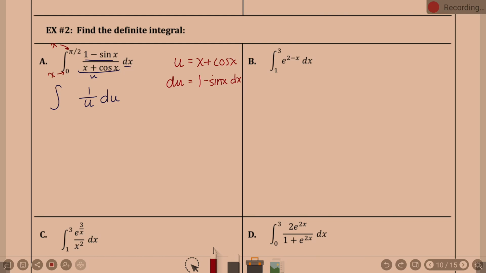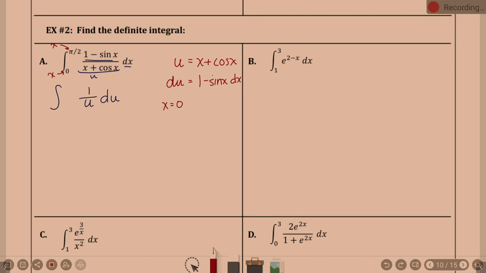If you want to use those bounds, you can. That just means that after you integrate, you're going to put x plus cosine x back in for u, and then put your values in. If we don't want to have to go back to x's, we need to change these bounds. Remember doing this the other day?